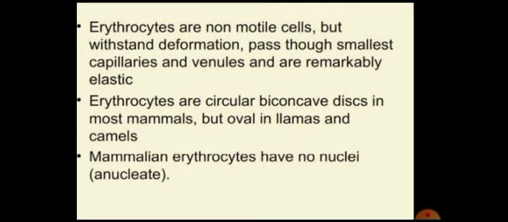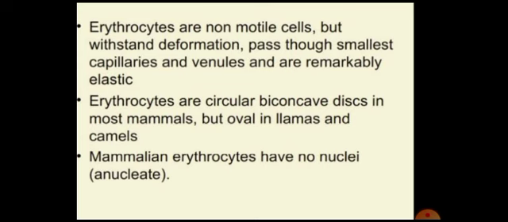Erythrocytes are circular biconcave discs in most mammals but oval in camels. The erythrocyte shape helps them to carry oxygen. Mammalian erythrocytes have no nuclei, which is called anucleated.